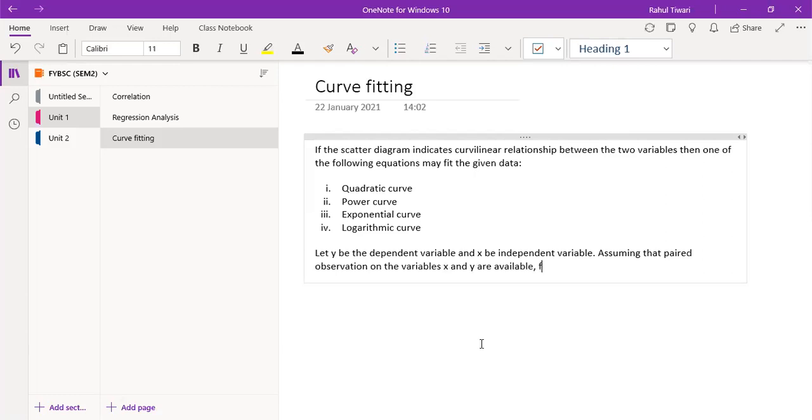And fitting a curve is to obtain the values of constants involved in the equation by, see, again I am mentioning, you can understand, the method of least squares.